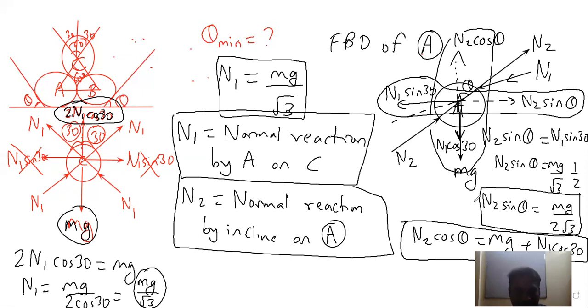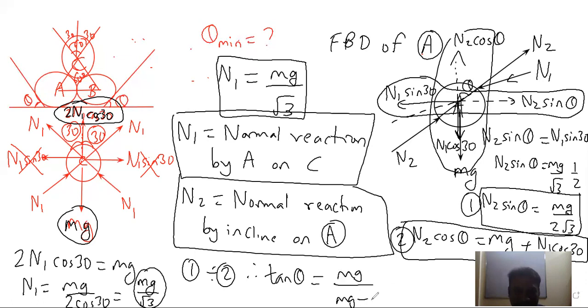So now after this, if I solve these two equations, we'll try to get theta. How will we solve? Let us call this equation 1, let us call this equation 2. So now 1 divided by 2 gives us tan theta is equal to mg upon mg plus N1 cos 30. This N1 value I'll substitute here.